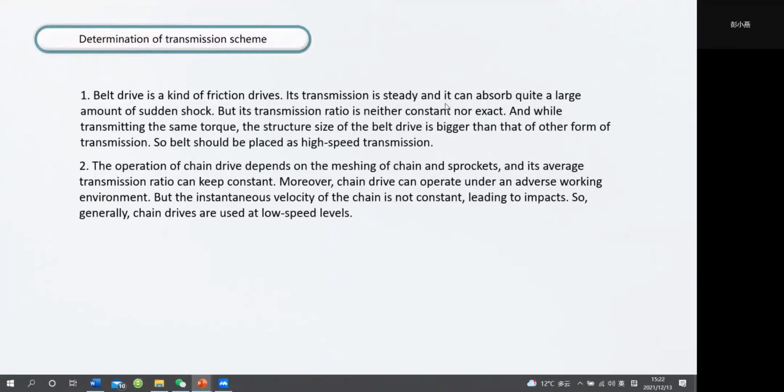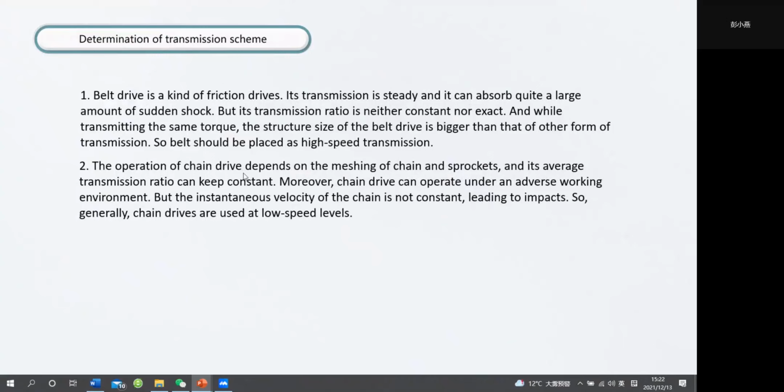Its transmission is sturdy and it can absorb quite a large amount of sudden shock, but its transmission ratio is less constant or exact. And while transmitting the same torque, the structure size of the belt drive is bigger than that of other forms of transmission. So belt should be placed at high speed transmission.